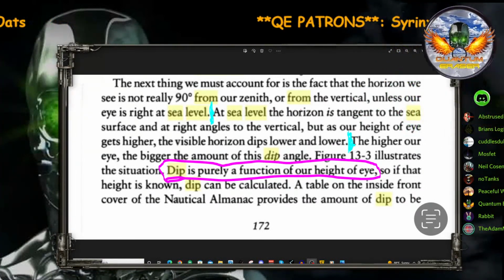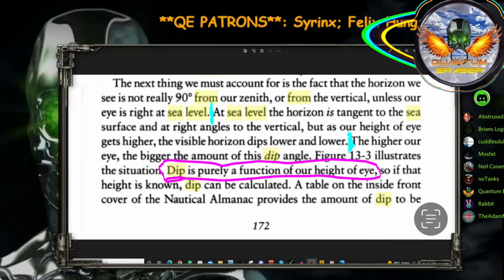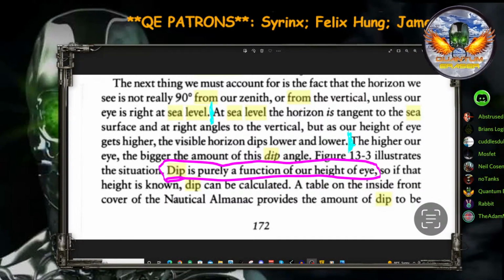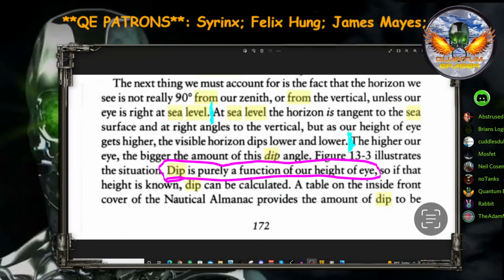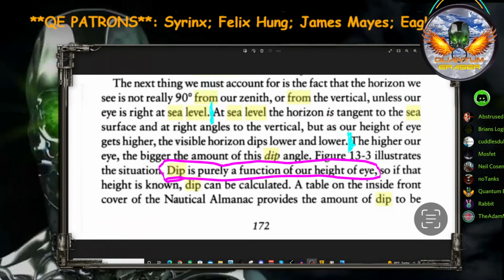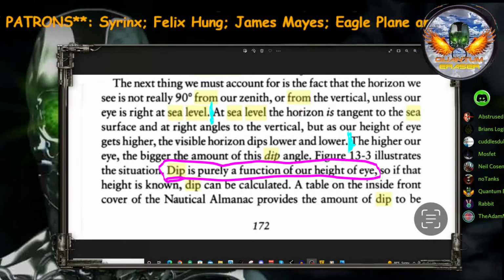They describe the necessity for R above, okay? It describes it: at sea level, when your eye is on the surface of the sea, the horizon is tangent to the sea surface, i.e. it's not touching any other part of the sea surface other than where the eye is, because it's all falling away. That's what that's saying, yeah?